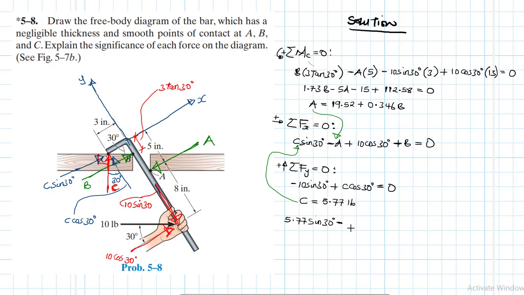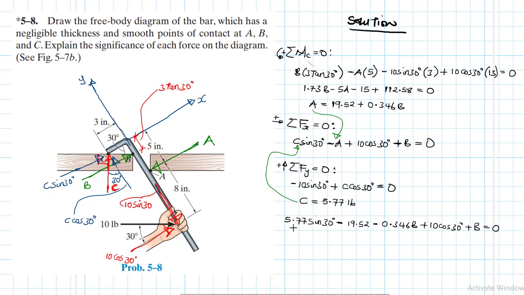We've seen this minus, so minus by 19.52 becomes minus 19.52, then minus by this number 0.346B, so it becomes minus 0.346B, plus 10 cos 30 plus B is equal to 0.